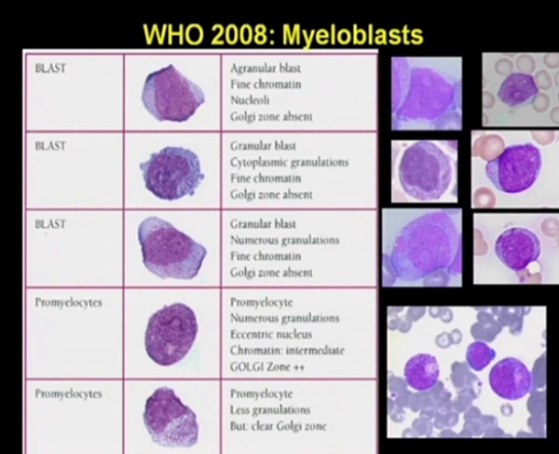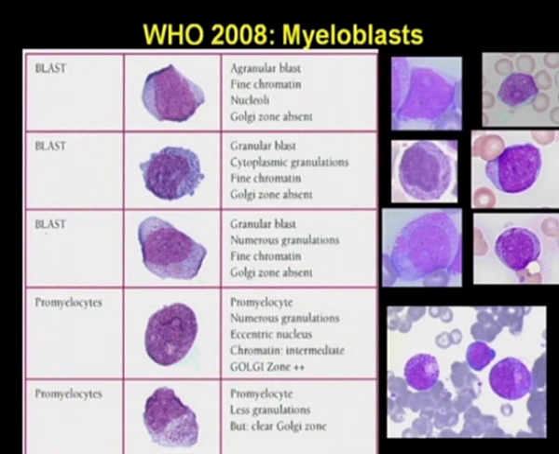So nowadays we have two types of blasts, agranular blasts and granular blasts. The morphological marker to consider one cell as a granular blast or dysplastic promyelocyte or promyelocyte is the Golgi zone.